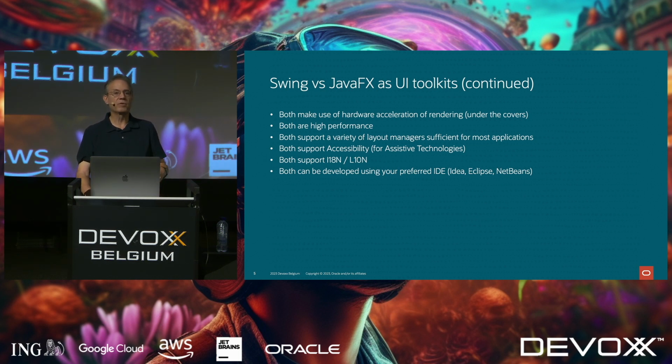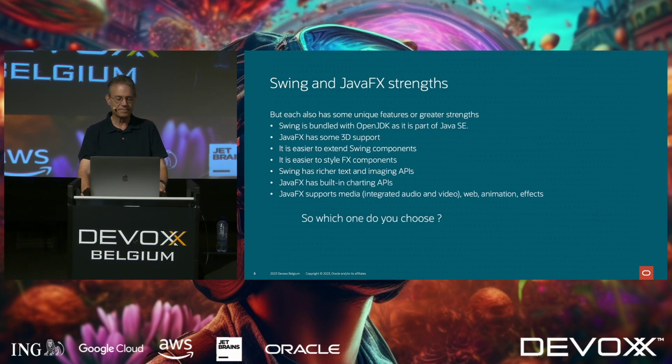And they both have a variety of layout managers to allow you to control how your various user interface elements relate to each other and what happens when you resize, that sort of thing. They both provide support for assistive technologies such as screen readers, and internationalization, which might be important for your application. And both can be developed in your favorite IDE, which, as we learned yesterday, is probably IntelliJ, but you can use whichever one you want.